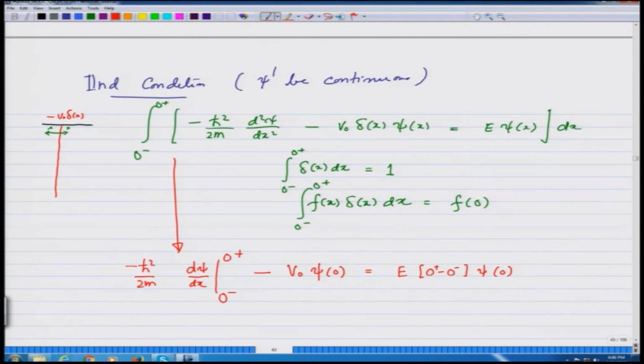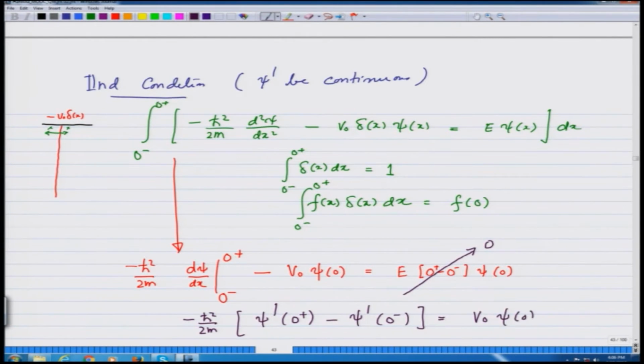As the interval is made smaller and smaller, the right hand side is going to go to 0. So, the only conclusion I can draw now is that minus h cross square over 2 m times psi prime at 0 plus minus psi prime at 0 minus is equal to v naught psi at 0.